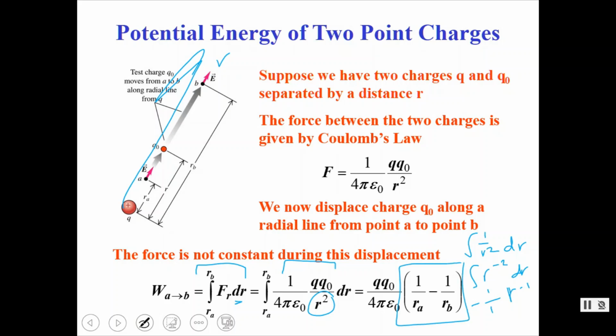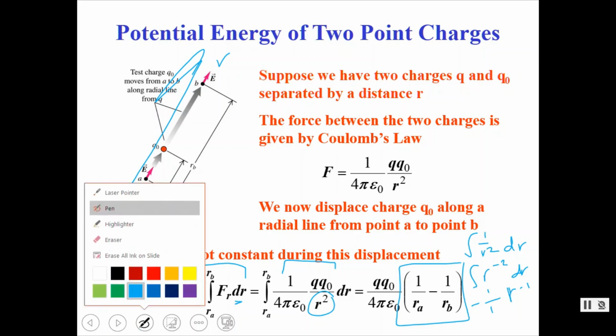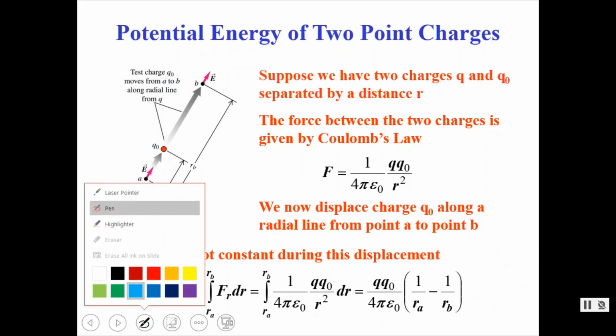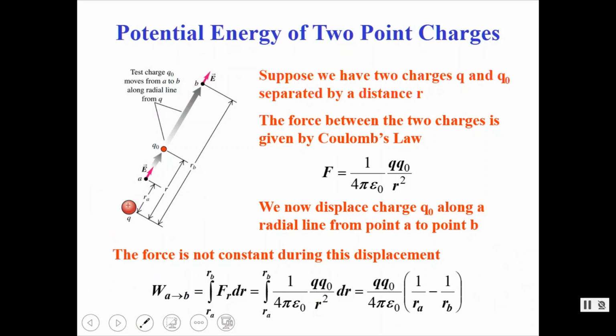So therefore, since you get r to the negative 1, if I was to break this down, this just doesn't have a ton of steps on it. So we get basically negative 1 over r evaluated from RA to RB.